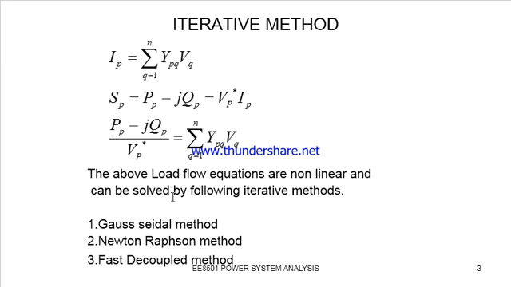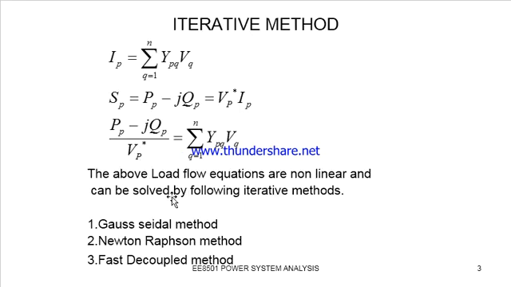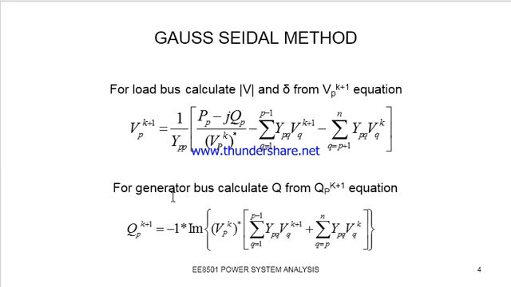They are non-linear and they can be solved by the following methods: Gauss Seidel method, Newton-Raphson method and fast decoupled method. Let us see about the Gauss Seidel method. Let us have this equation to be a reference. And now for the load bus, we have to calculate V and del. So we can calculate V and del from the Vp k plus 1 equation.